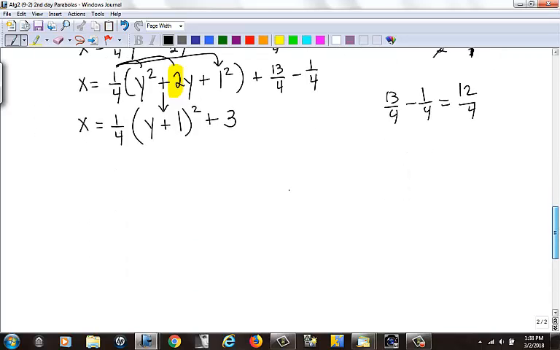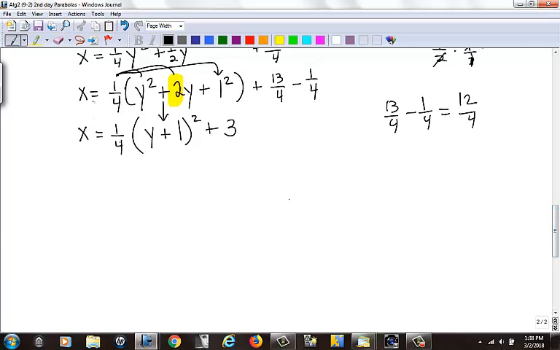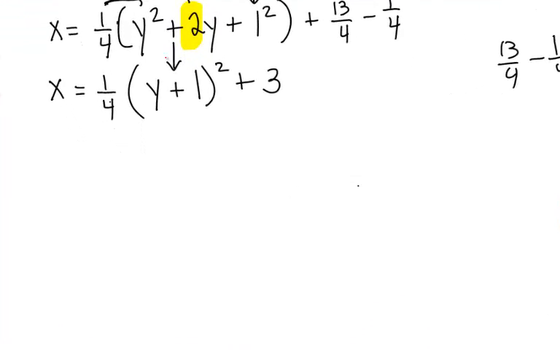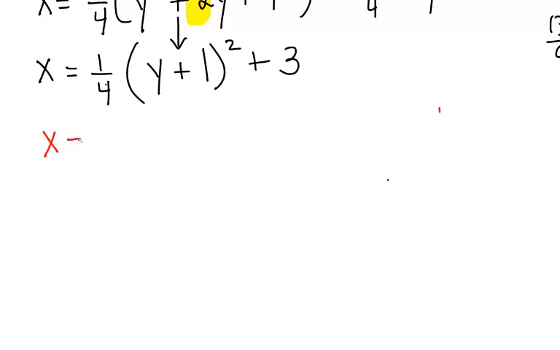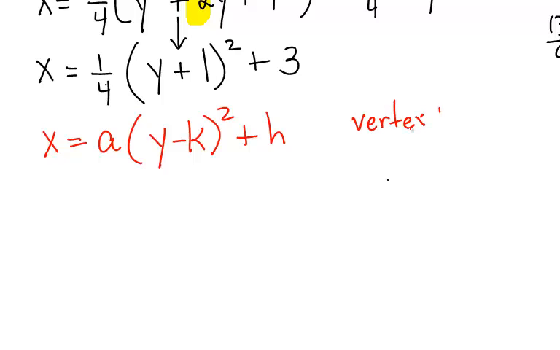Okay, in that form, and I always write the equation right below it. It's easier. So if we went back to that table, x equals a times y minus k quantity squared plus h. And we're going to answer the questions that they asked for. First, they asked what is the vertex. It's h, k.